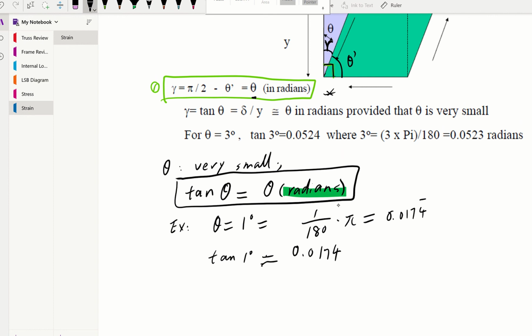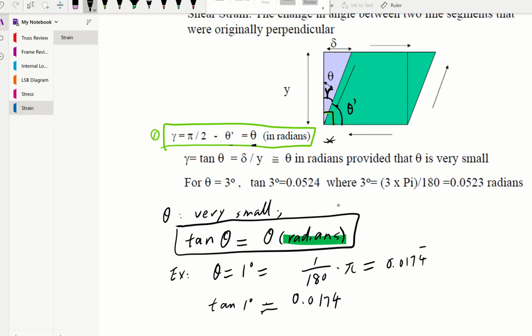So if that's the situation, we can go back to the first expression of gamma, shear strain. Gamma is equal to pi over 2 minus theta prime, which equals theta. And if we look at this right triangle, the tangent of this theta is opposite over adjacent. Opposite would be our delta, adjacent will be our y. And this theta is small, so as we already proved, tangent theta is equal to theta in radians.